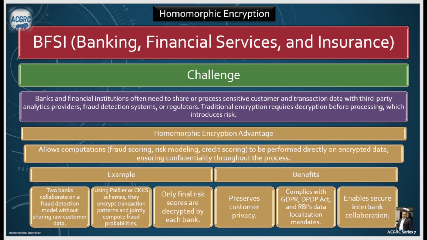Using Paillier or CKKS schemes, they encrypt transaction patterns and jointly compute fraud probabilities, and only the final risk scores are decrypted by each bank. Benefit: it preserves customer privacy, complies with GDPR, the DPDP Act and RBI's data localization mandates, and helps enable secure interbank collaboration.